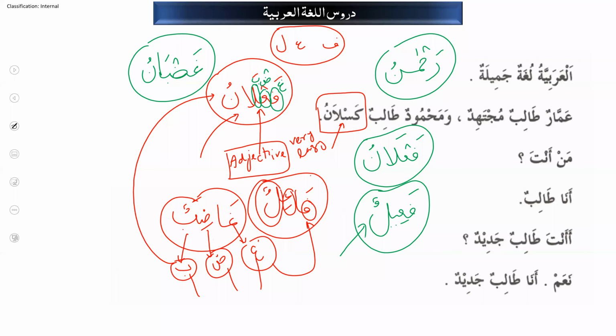But tell me the names of Allah Azza wa Jal which fall on the weight of fa'ilun. Rahim. Yes, Rahim, you're right. Rahimun, Majidun, Hamidun, Shahidun.